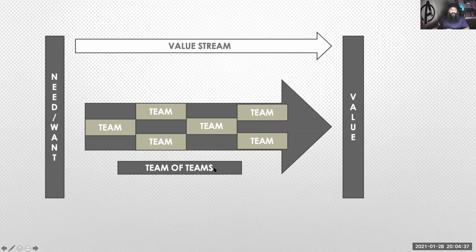So here you're talking about a team of teams. Until we move from the traditional functional silos to an approach of a team of teams, aligned with the value generation capability, we are still stuck with the traditional approach.